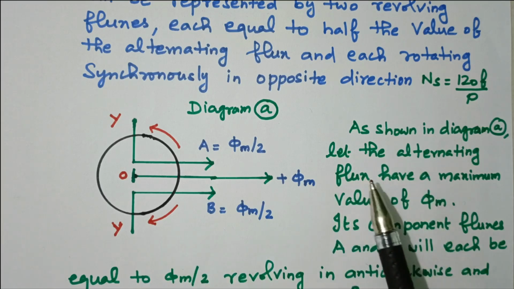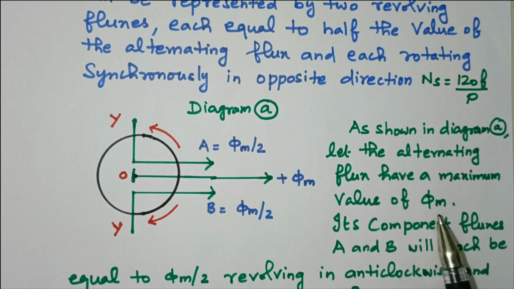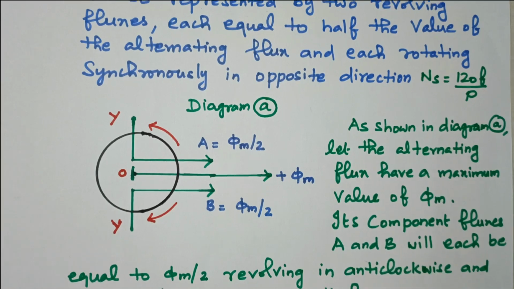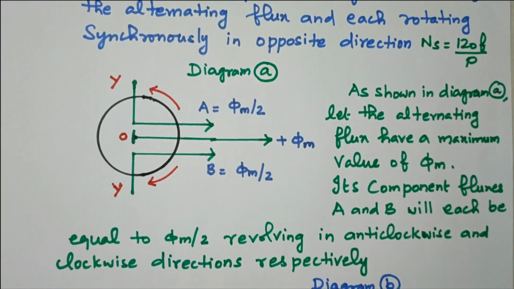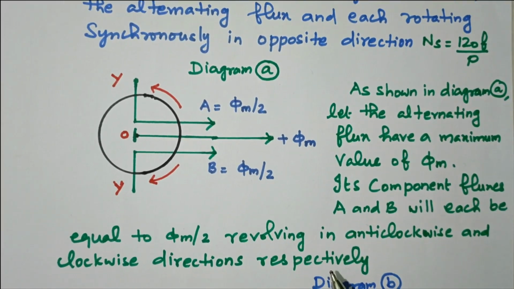As shown in the diagram, let the alternating flux have a maximum value of phi m. Its component fluxes A and B will each be equal to phi m by 2, revolving in anti-clockwise direction and clockwise direction respectively.